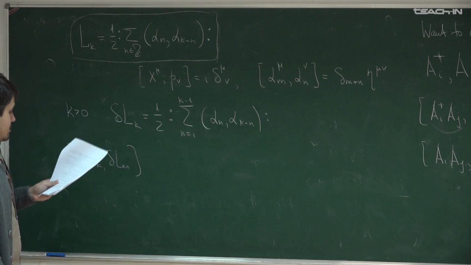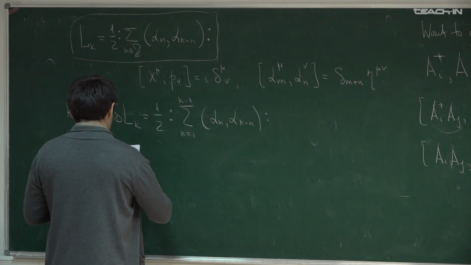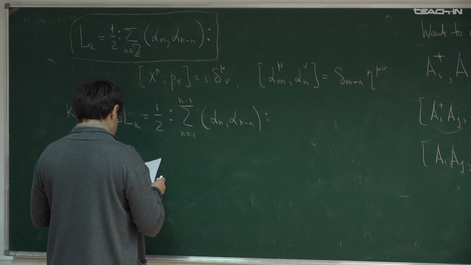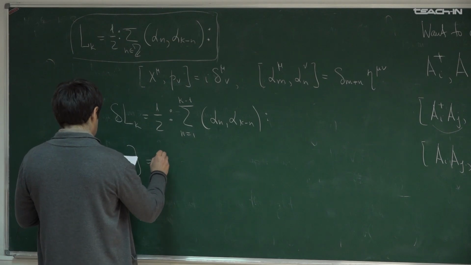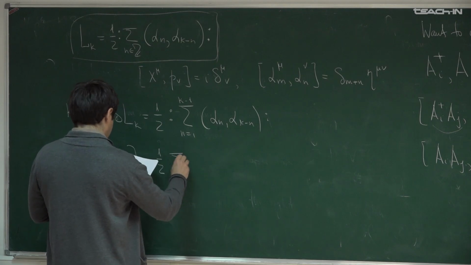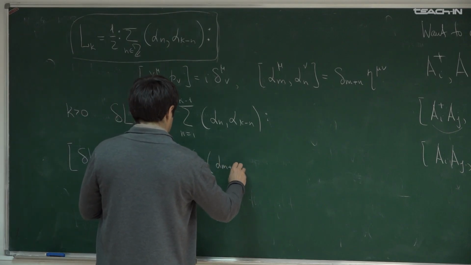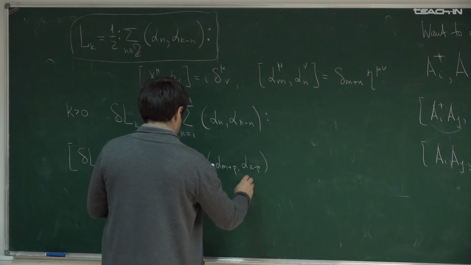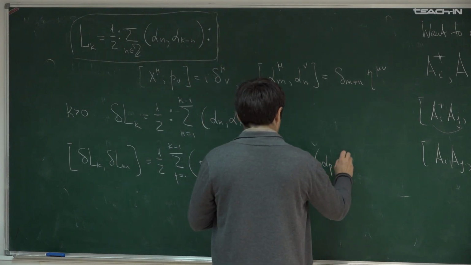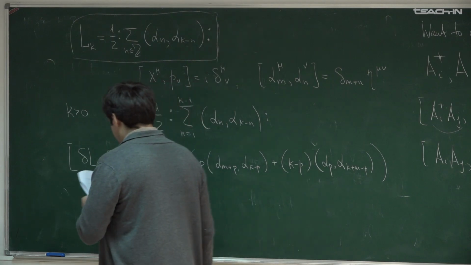Now we just want to commute these, and you'll get the following answer: 1/2 sum from 1 to k minus 1 of this kind of sum.